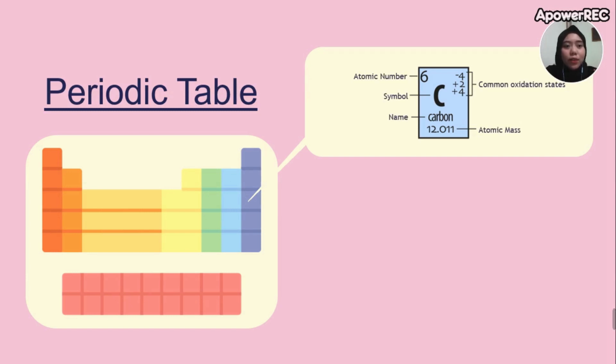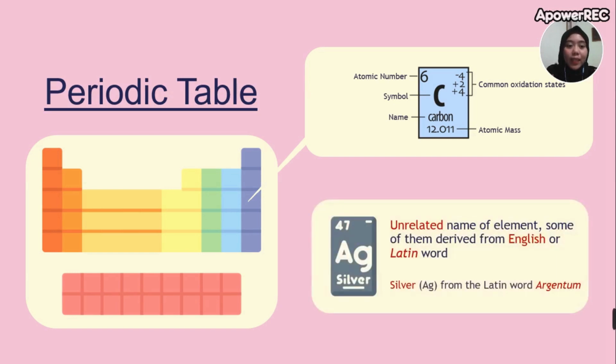Notice that several elements have an unrelated name, some of them derived from English, and some derived from a Latin word. For example, Ag. We know Ag as silver, right? But it's actually from a Latin word, which is argentum.